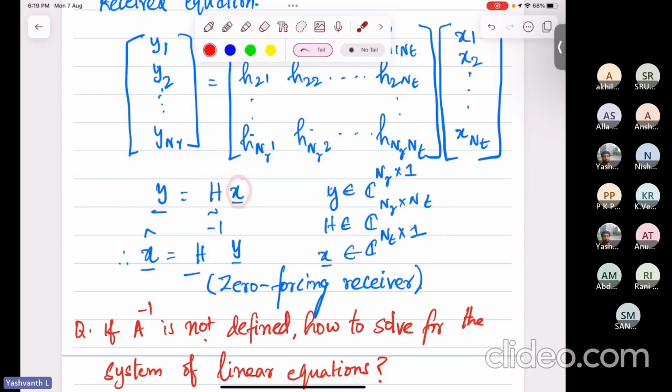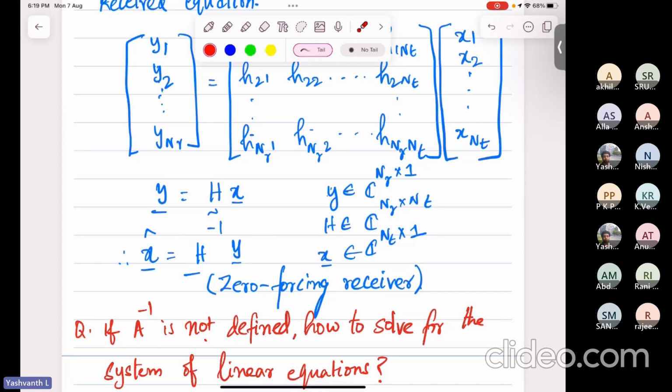Now, after receiving the signal at the receiver, if I want to estimate what the transmitted signal is, I just need to take the inverse of the matrix H and pre-multiply it on both sides, and you will get this equation. This is also called a zero forcing receiver in the wireless communication literature.